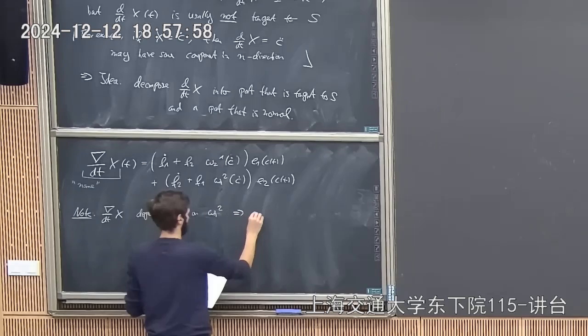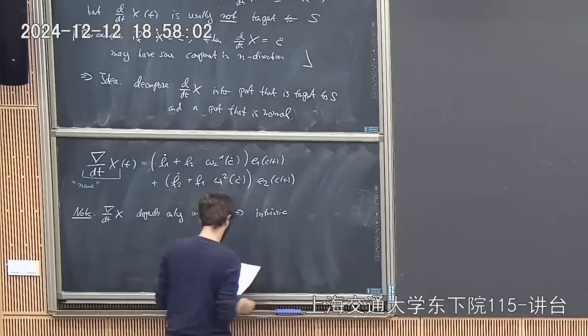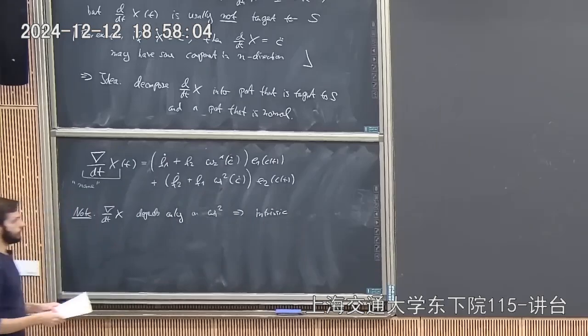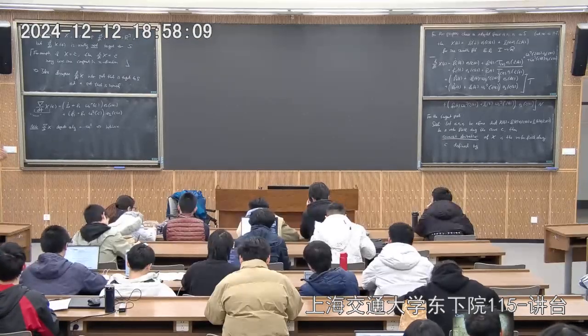So it's intrinsic. So if you don't like the word covariant derivative, you can also think of that as the intrinsic derivative.